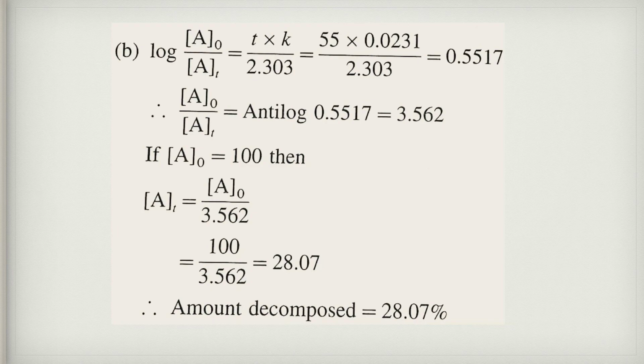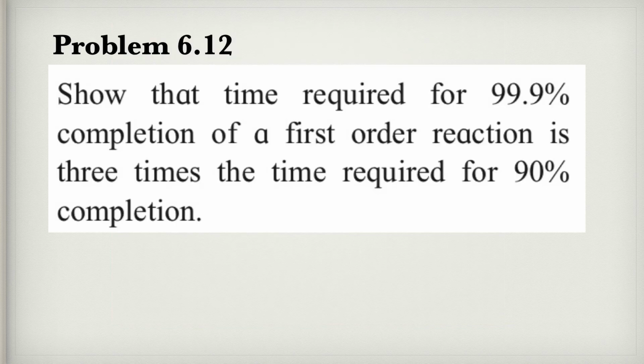AT is equal to A naught upon 3.562. So I'll get the value as 28.07. So that is nothing but the amount decomposed. Okay, so it will be 28.07%.